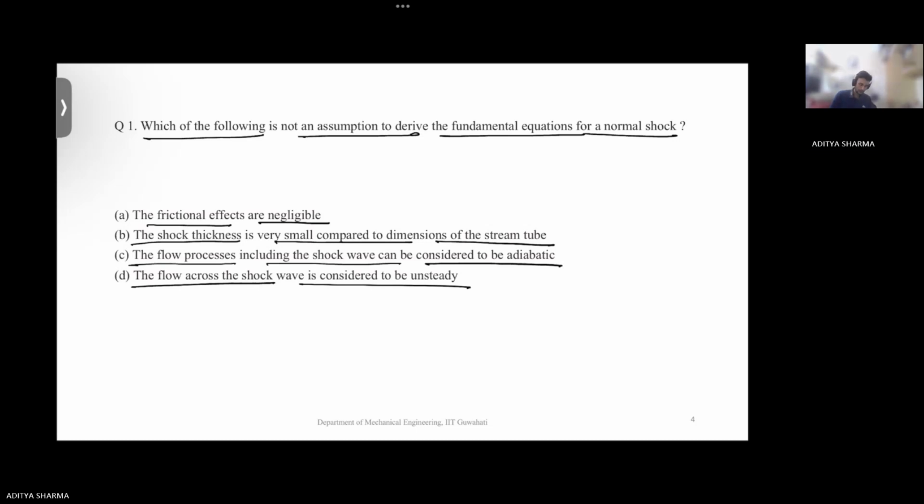Okay. So frictional effects are negligible. This is true when we talk about assumptions for a normal shock wave. So thickness is small compared to the stream tube. So this is also true. So the thickness of the shock wave and then the stream tube, the stream tube for which we are defining these fundamental equations.